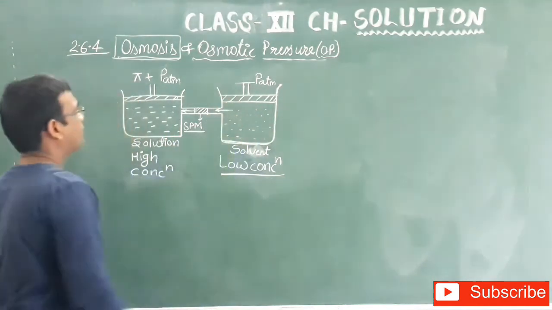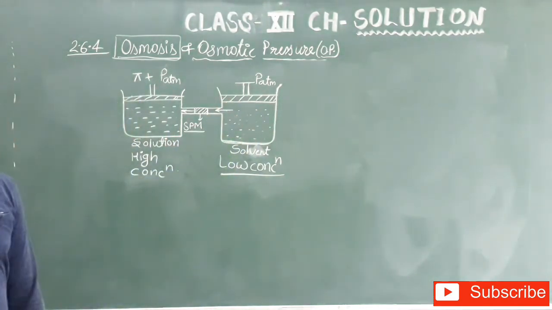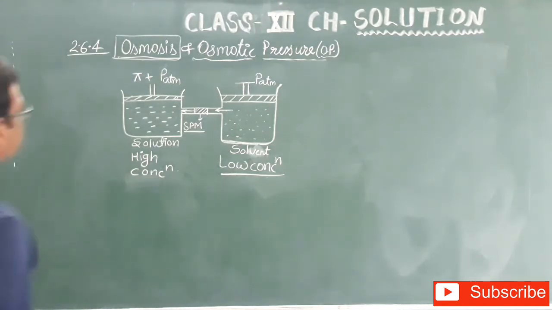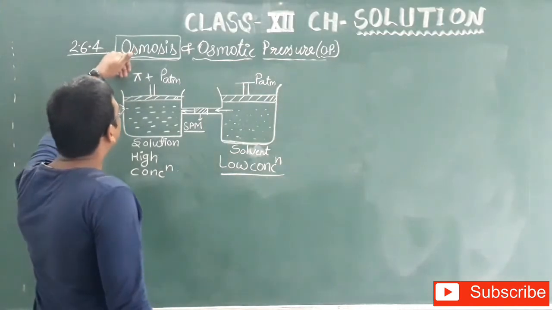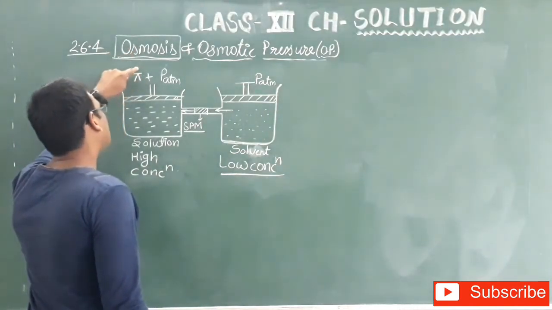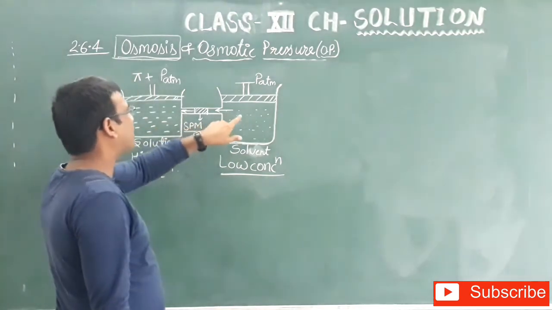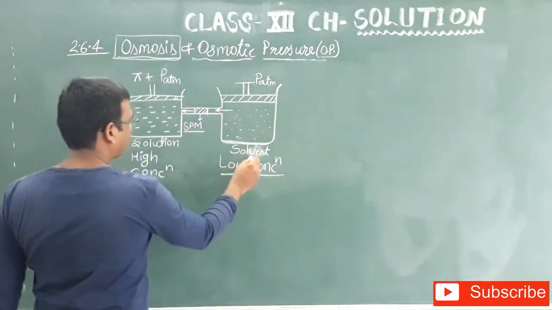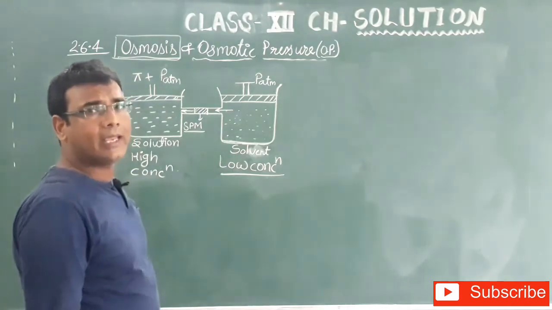P atm is common. In both the cases P atm, that is atmospheric pressure, is common. Now in this case we are applying excess pressure, more pressure in the form of pi. Because of that pressure the movement of solvent particles will get stopped.